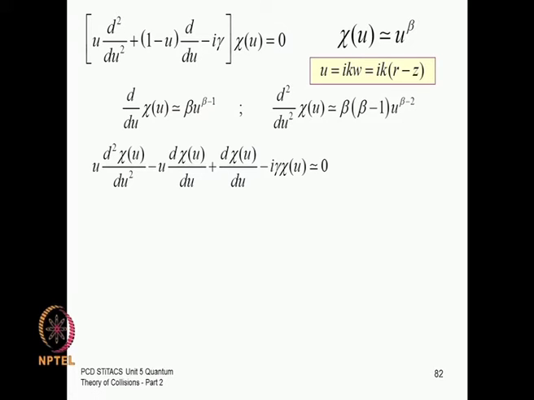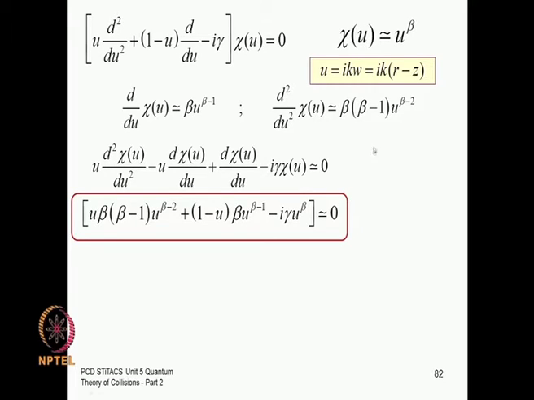There may be some constants which multiply that, but let them be, because any solution multiplied by a constant is always an acceptable solution. So, we can take care of it in normalization and so on. Now, you plug in the right hand sides in the first and the second derivatives, and I will not comment on that. This is something for you to work out yourself, but all of that is worked out over here, and it will be there in the PDF file which will be uploaded at the course web page.